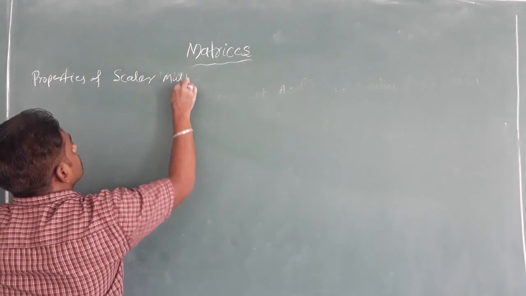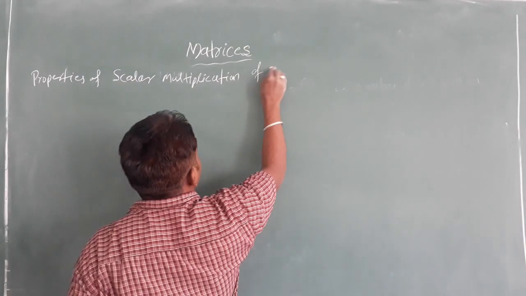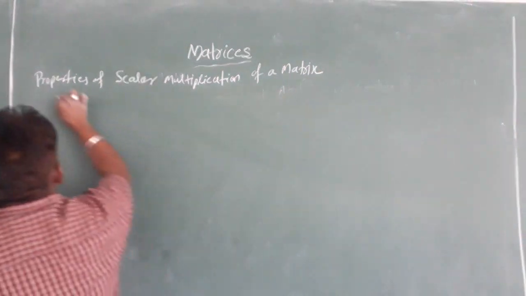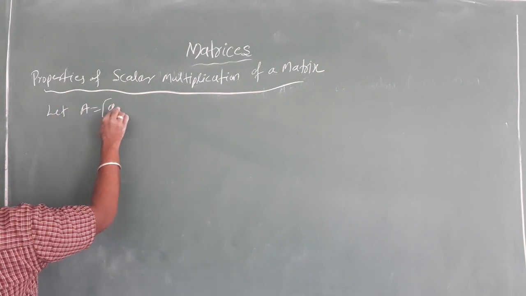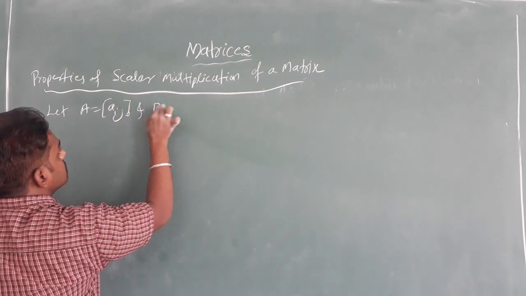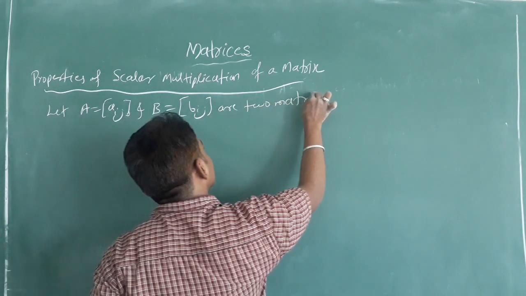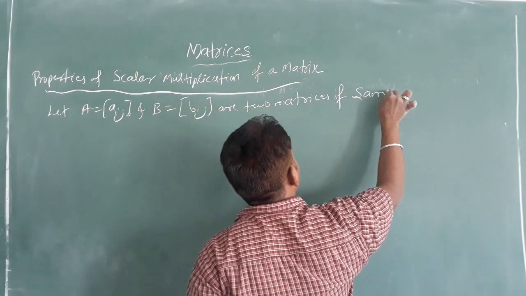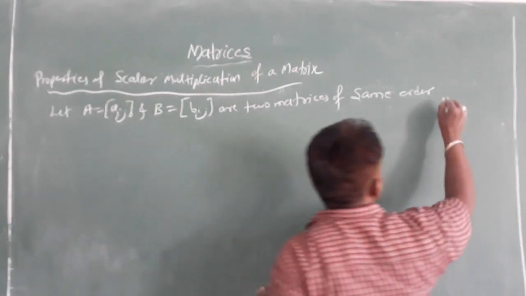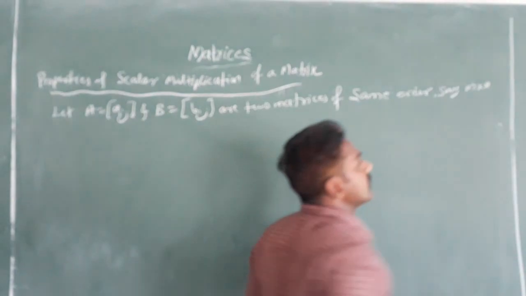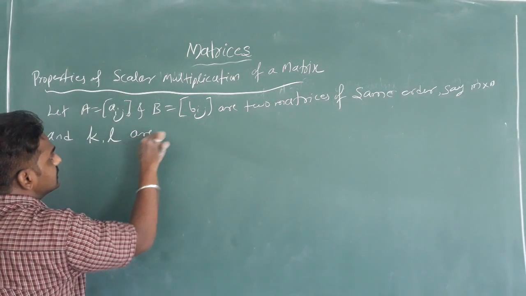Okay, let A equals Aij and B equals Bij be two matrices of the same order, say m by n, and k, l are the scalars.